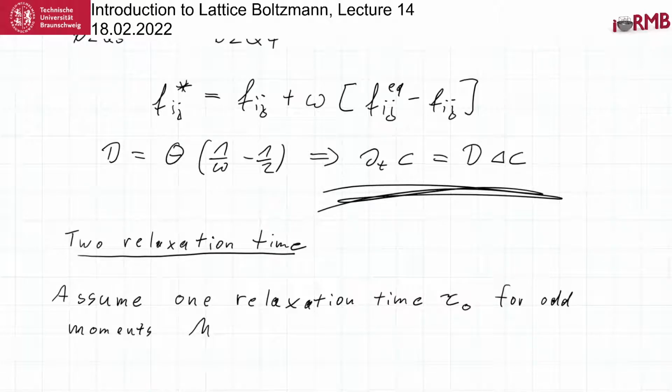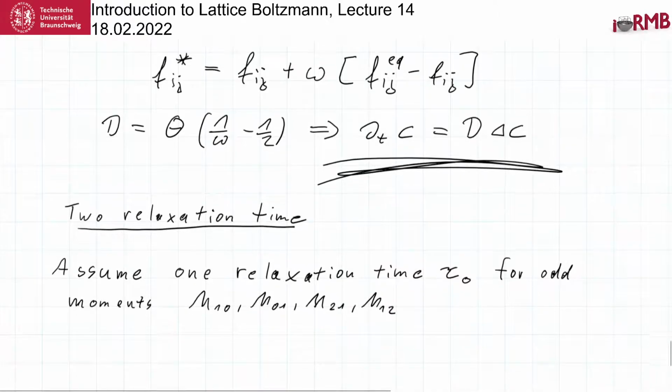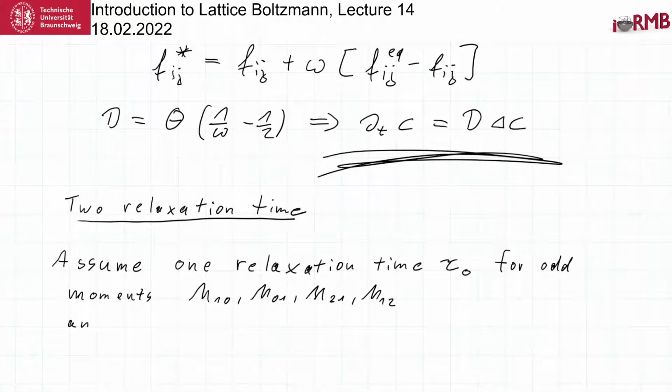So the odd moments are M10, M01, M21, and M12. So they are odd. And one tau E for even moments.